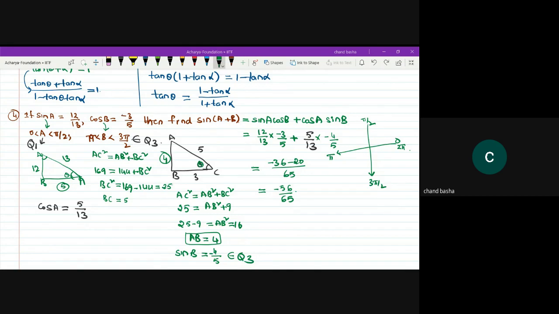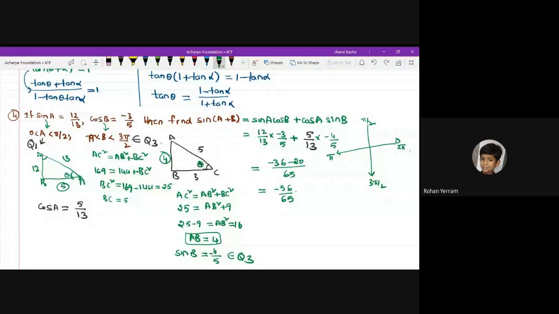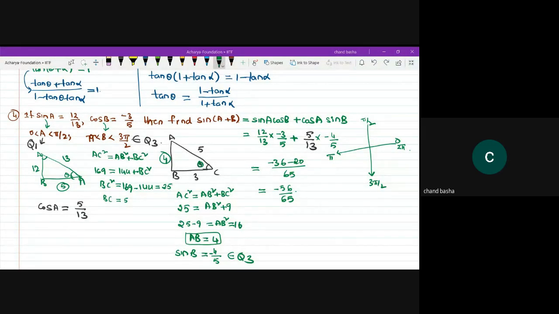I got the answer, but I'm not understanding how to do that problem. I'll post the answers, no problem. A few of the questions are repeated, I think. Yes, sir, from the classes only.